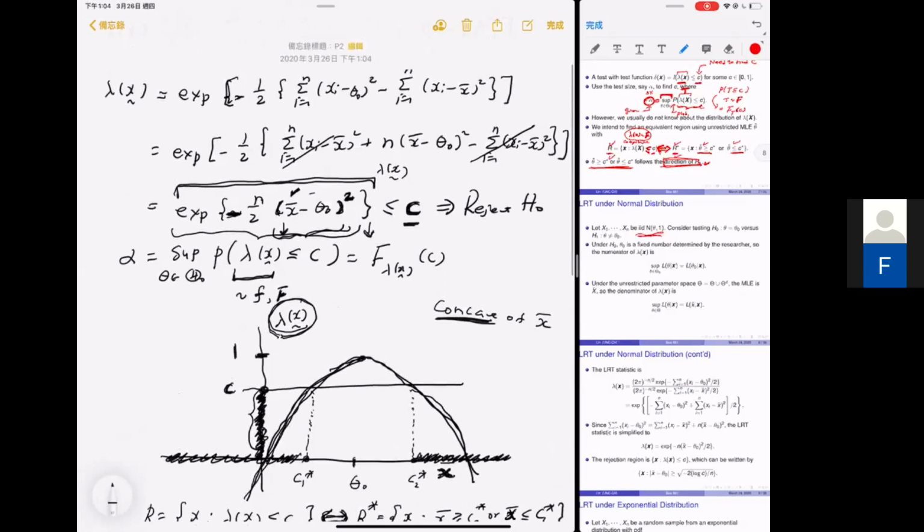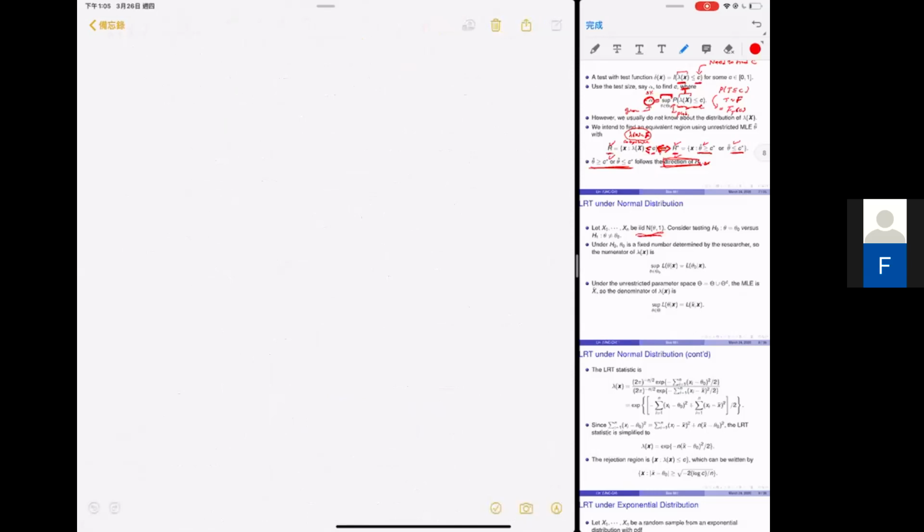Why is that so critical? You will see what happens. Like I said, we can write your test region lambda x. Sorry about that, I want to make sure everything is perfect.